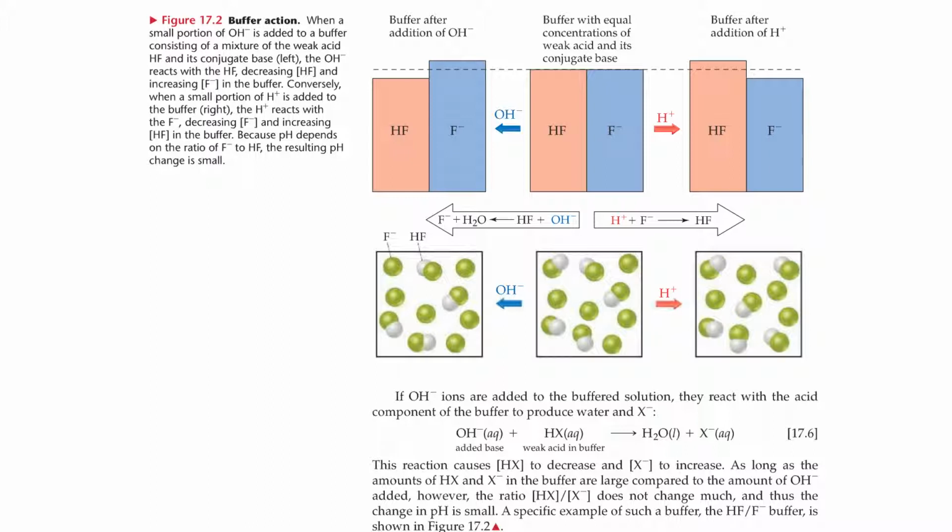Conversely, when a small amount of acid is added to the buffer, the protons react with the fluoride, decreasing the concentration of fluoride and increasing the concentration of hydrofluoric acid in the buffer. Because the pH depends upon the ratio of fluoride to hydrofluoric acid, the resulting pH change is small.